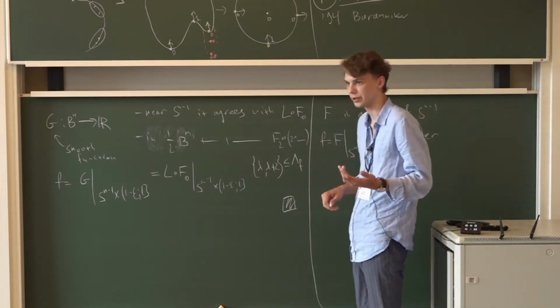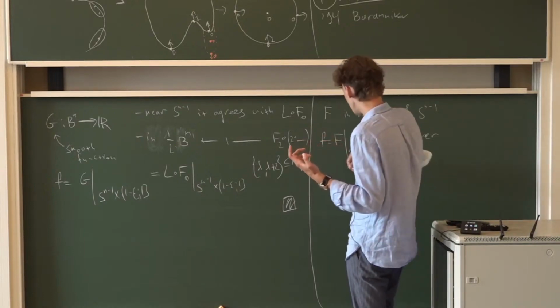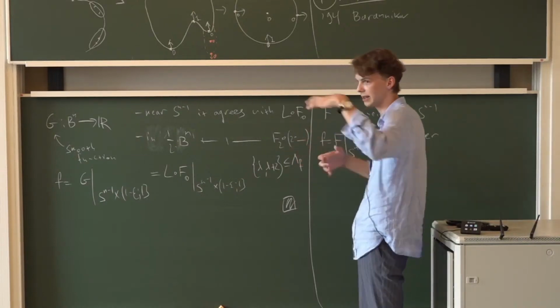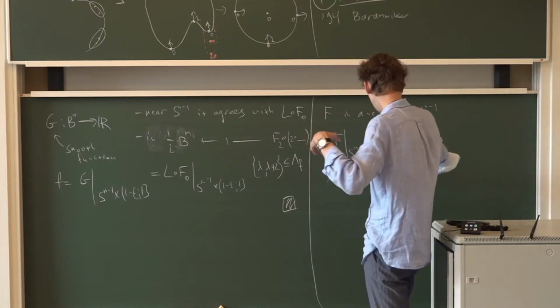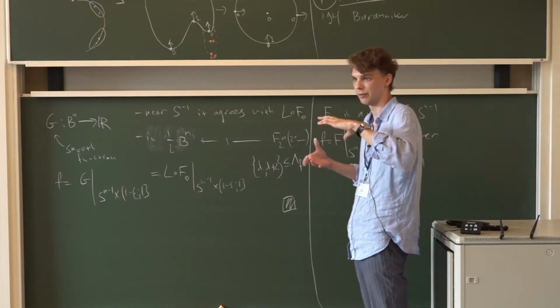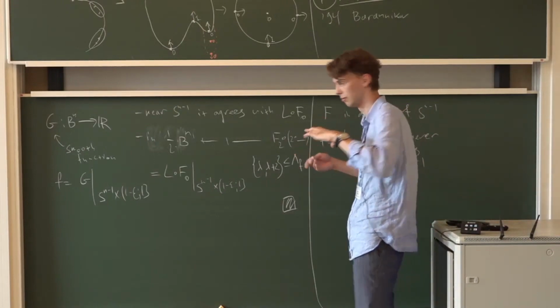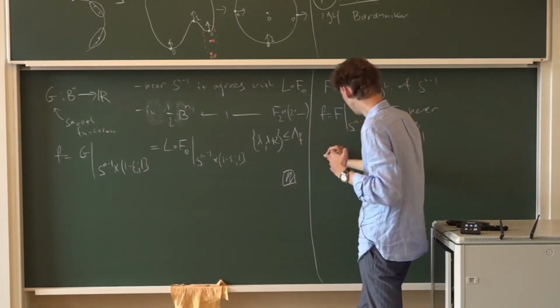And let us pick a good metric such that the ascending and descending manifolds for the function small f on the unit sphere all intersect transversely for different critical points. And the Morse-Barannikov complex is the following picture.